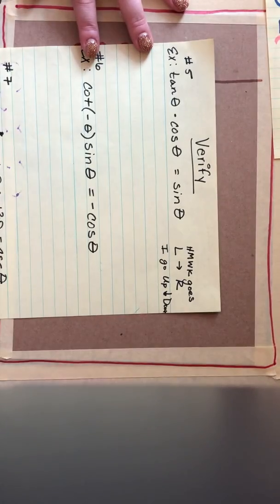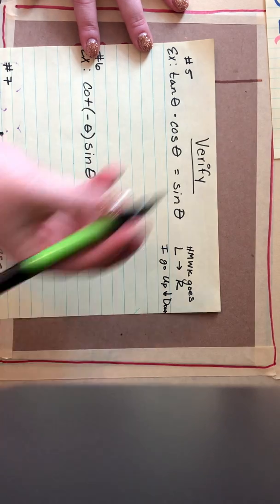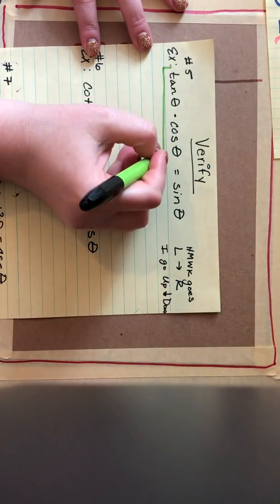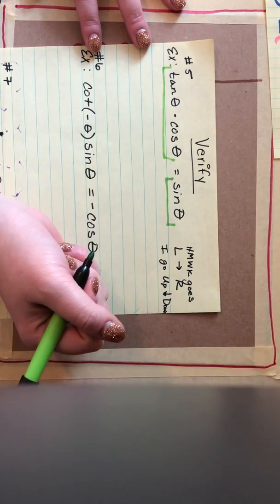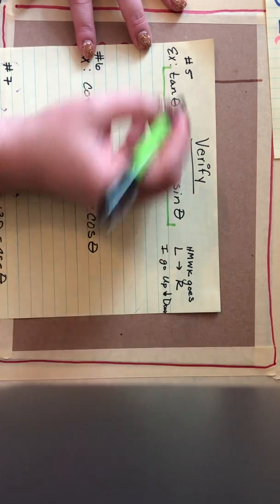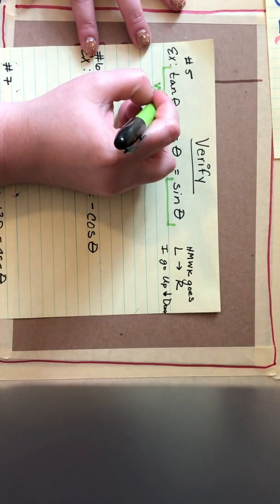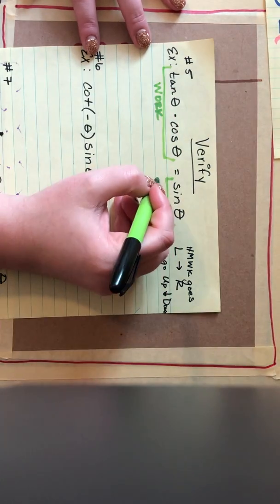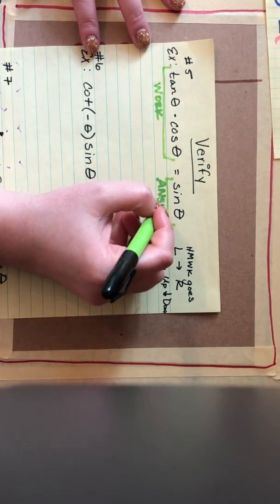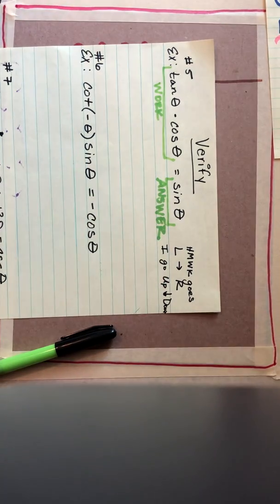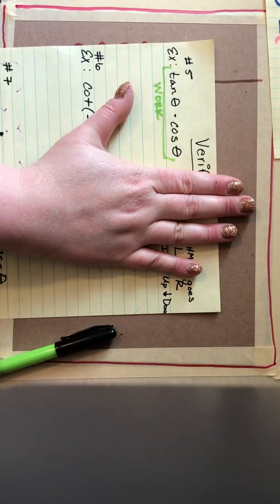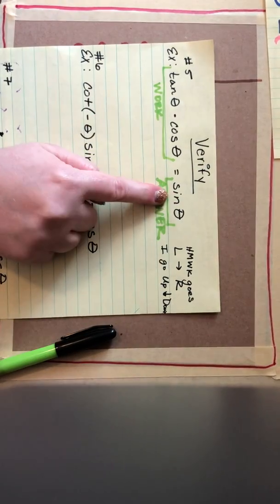We are going to show that this left side is equal to this right side. And in your homework, it usually has you work the left side to get the answer of the right side. So this is kind of like we're simplifying, but they gave us the answer. It's sine.